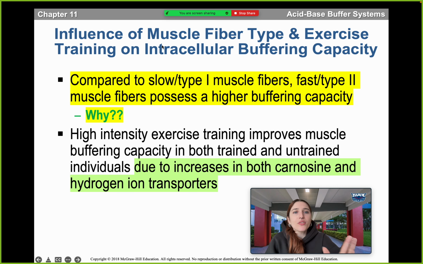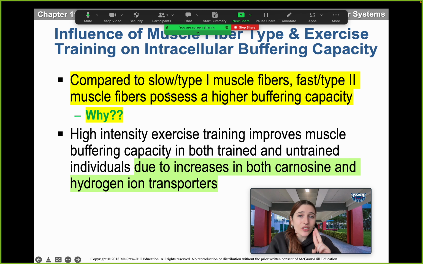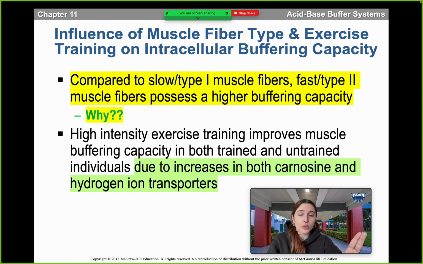Okay. Muscle fibers. The influence of muscle fiber type in exercise training on intracellular buffering capacity. So we've got our type 1 fibers, our type 2 fibers, slow twitch, fast twitch. Compared to slow type 1 muscle fibers, type 2 fast twitch muscle fibers have a greater buffering capacity. Why? Because they're the ones that are producing the lactic acid.